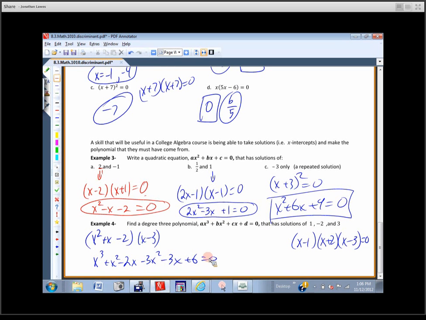And then I just collect the like terms. So my final answer is, let's see, I've got an x cubed term. I'm done with that. How many x squareds do I have? Negative 2x squared. Done with those guys. How many plain old x's? Negative 5 of them. And I've got that constant sitting out on the end, just that plus 6.